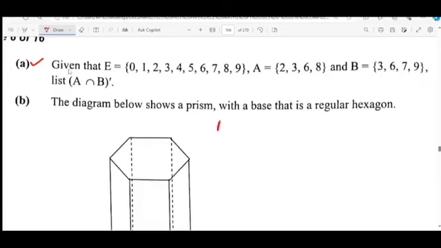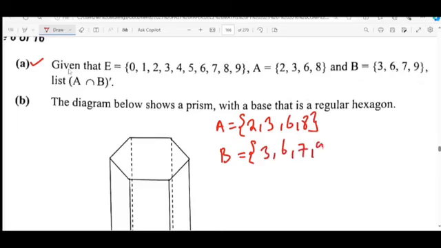So first thing, we take note of set A. We have 2, 3, 6, and 8. And then we also have set B, which has the elements 3, 6, 7, and 9.